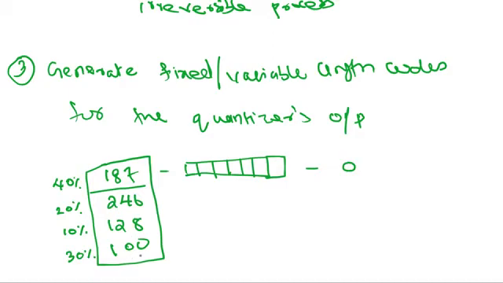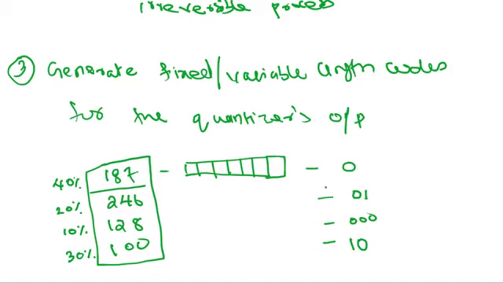Then you look at 100, which occurs 30%. We will give another symbol for this particular intensity. The next one is 20%, so you will assign some other value, let's say 0, 1 for the intensity 246, and for 128 I may give, suppose, 0, 0, 0.